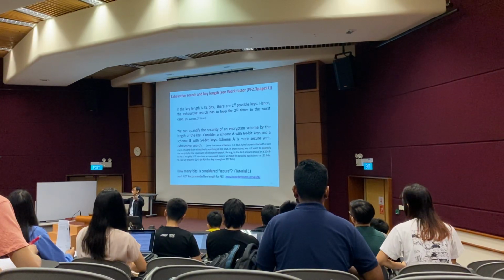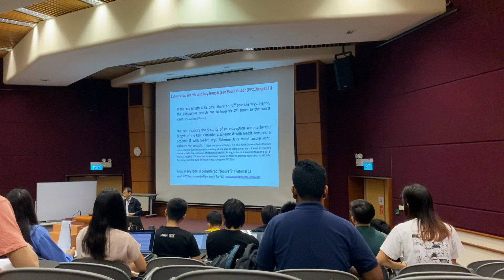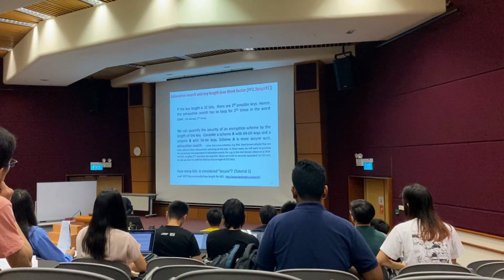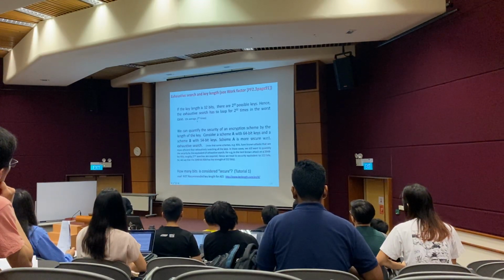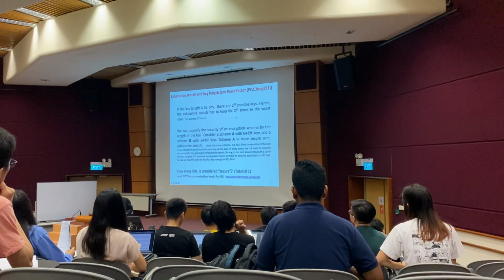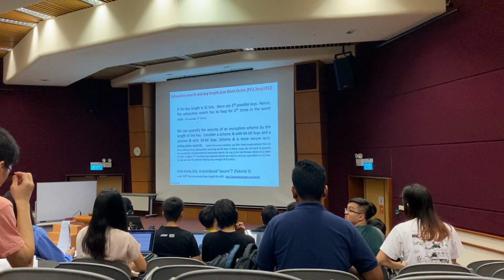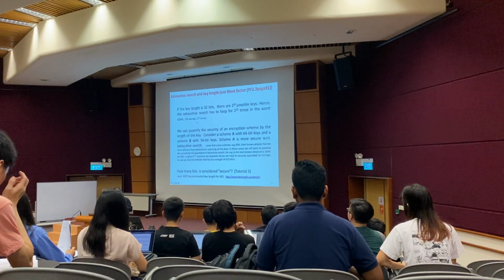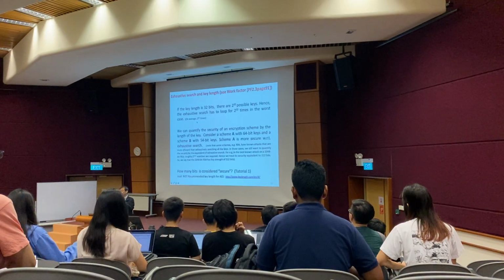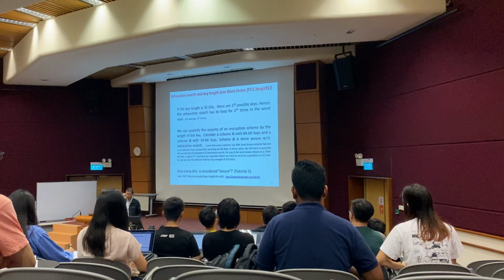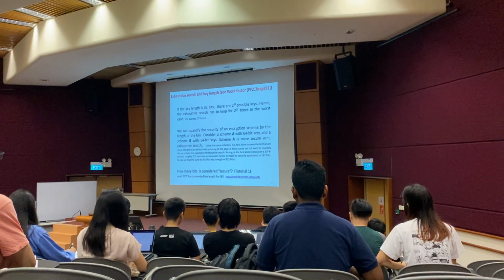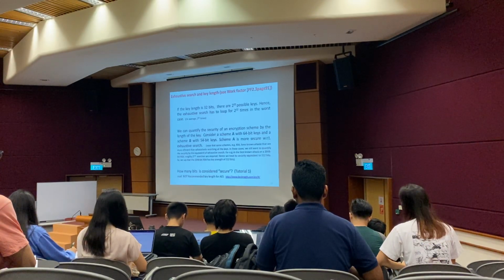On average you will stop somewhere in the middle, right? You will not have to exhaust all of them. So on average you will need half. That's why over here I said on average 2 raised to the power 31. Half of 2 raised to the power 32 is 2 raised to the power of 31, not 2 raised to the power of 16.